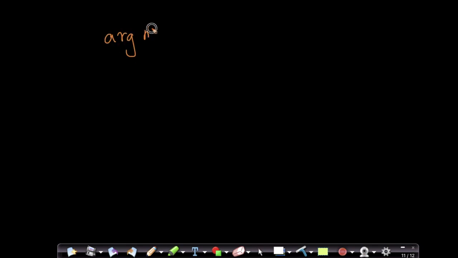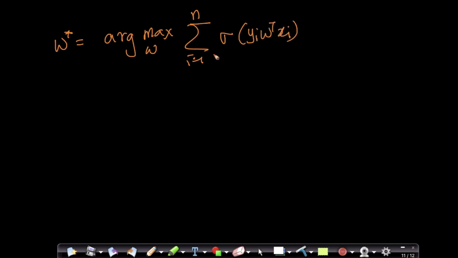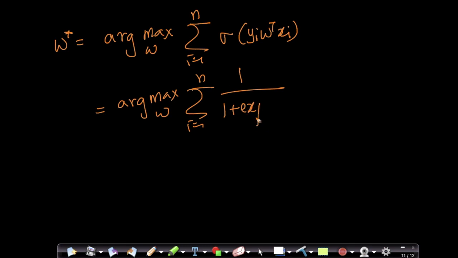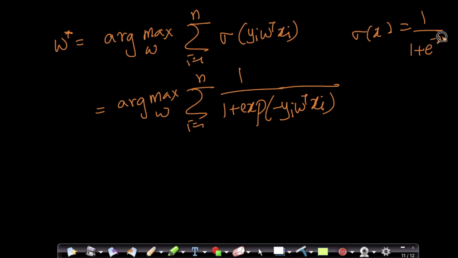W star equals argmax over W of the summation from i equals 1 to n of sigma of yi W transpose xi. In full form, it is argmax over W of the summation from i equals 1 to n of 1 by 1 plus exp of minus yi W transpose xi. Remember, because sigma of x is 1 by 1 plus e power minus x.